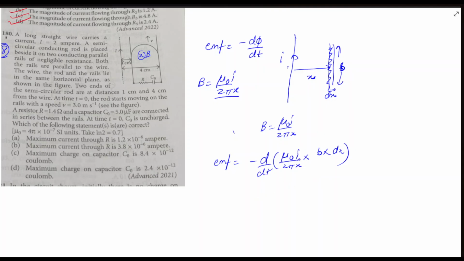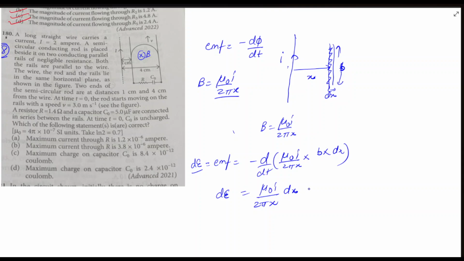Now look, current is not changing with respect to time, and x and dx are not changing, so we'll just put them outside. So it will be mu naught I upon 2 pi x dx. Look, this EMF is very small, so this is dE, a very small EMF, because the integrating element is very small.